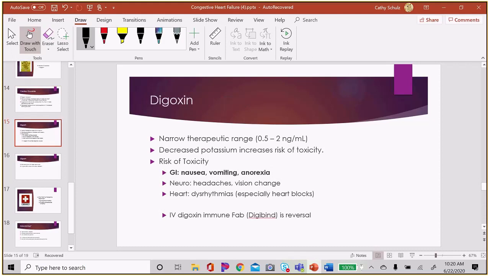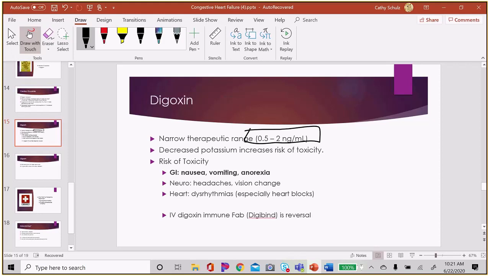So digoxin is a very effective medication for treating heart failure, which means the patient will have decreased symptoms of fluid being in places it shouldn't be. However, it has a narrow safety margin or a narrow therapeutic range. And so this is one of the therapeutic ranges that people have to memorize.